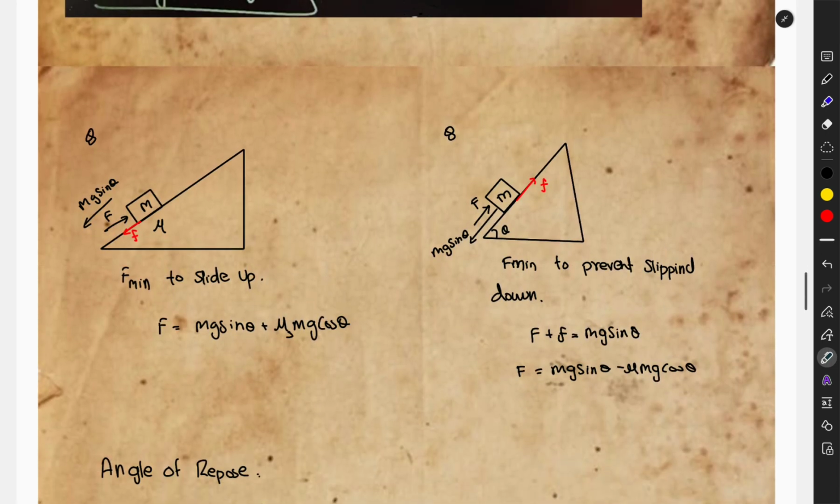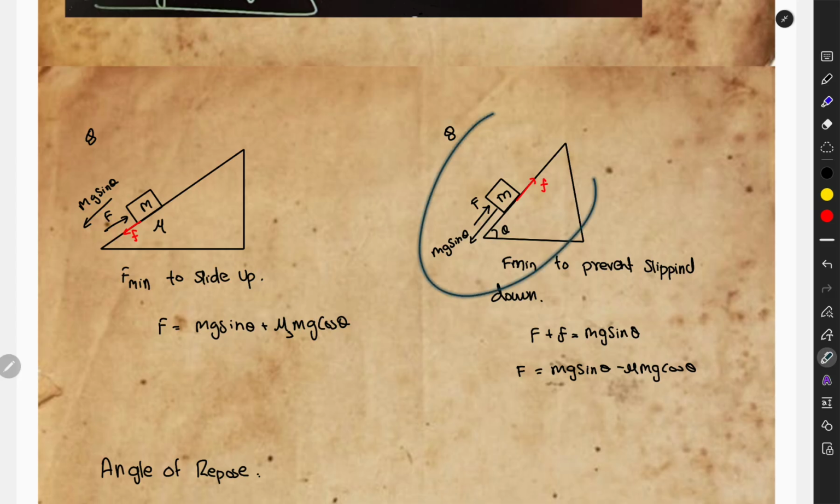So for this type of question, an m block is there, the friction coefficient is mu, and friction is acting for sure. What is the minimum force to slide up? The force minimum should be such that mg sin theta is acting in this direction and friction force is also acting in this direction. So mg sin theta plus mu mg cos theta will be the minimum force required to slide up.